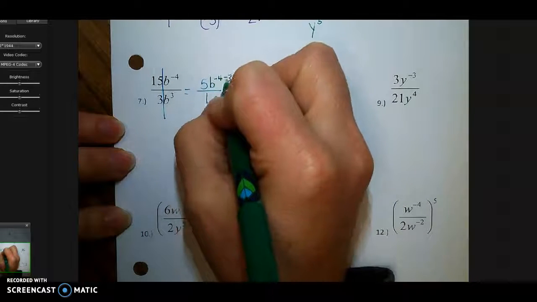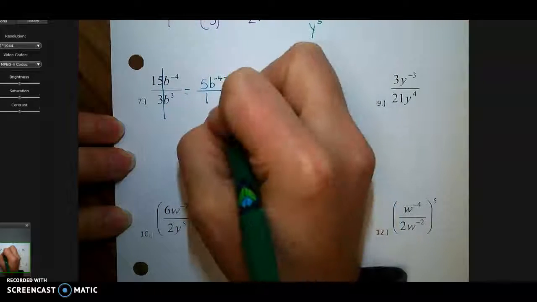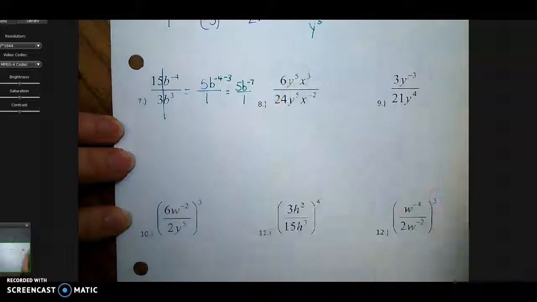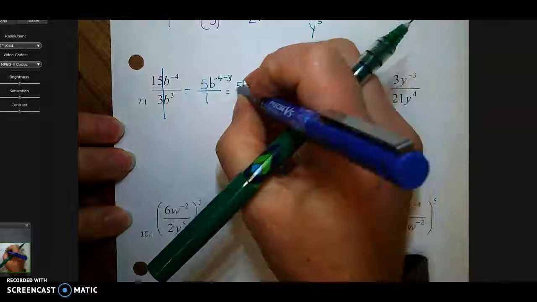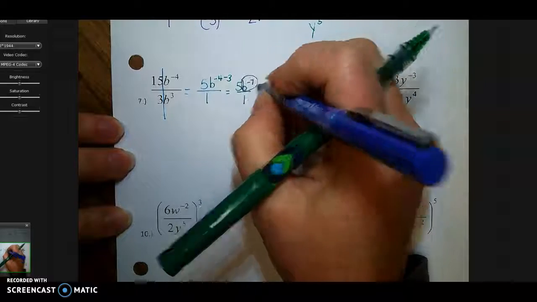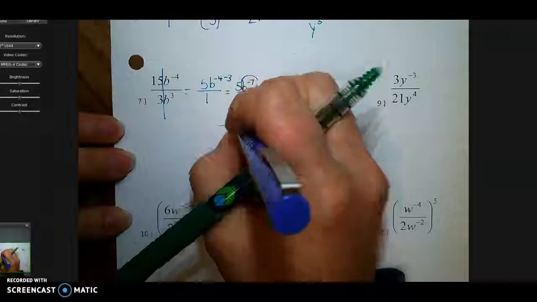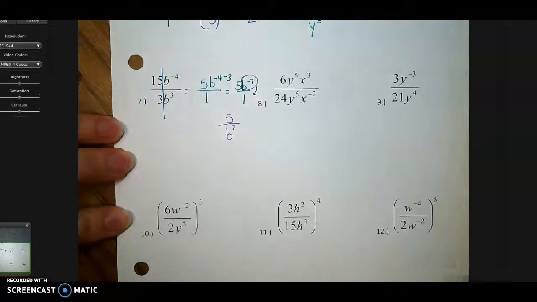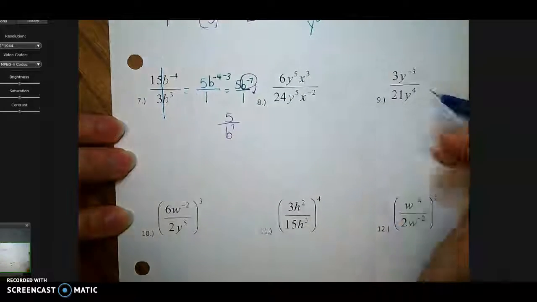Well, negative 4 minus 3 is going to give me 5b to the negative 7th over 1. Once again, the 5 does not have a negative exponent, only the b does. So the 5 is going to stay up top, while the b to the 7th moves to the bottom.